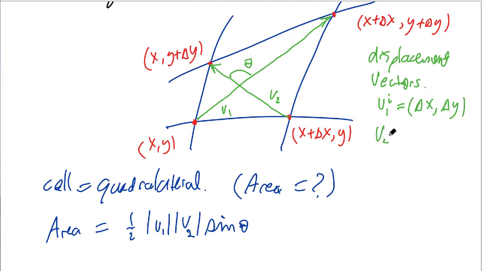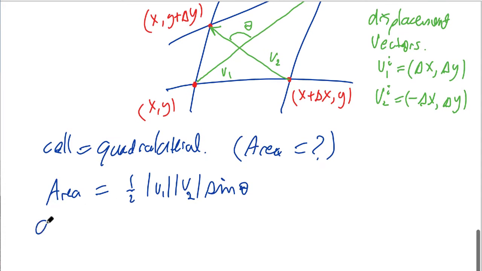And for v2, the components are, well, the change in the x coordinate is minus delta x, and the change in the y component is delta y. So those are the displacement vectors v1 and v2, and the angle between them can be computed from the dot product. So the cosine of the angle is the dot product of v1 and v2 divided by their magnitudes.